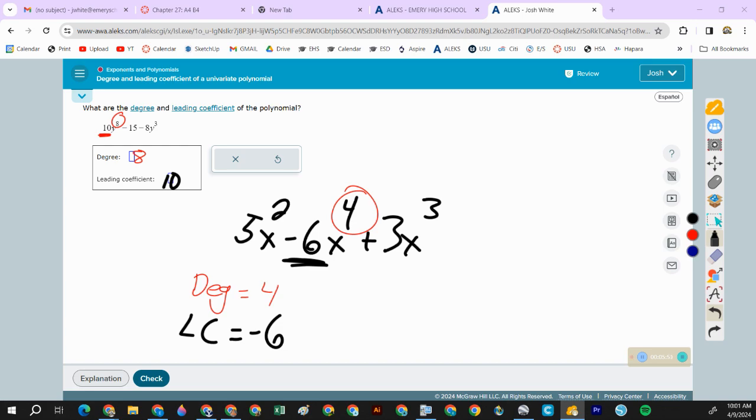And then the leading coefficient tells us the direction that this graph is going to be traveling in, and it also sort of tells us how tall or how short it is. So when you're graphing polynomials, the degree and the leading coefficient are very important to know when you're doing the graph. Okay?